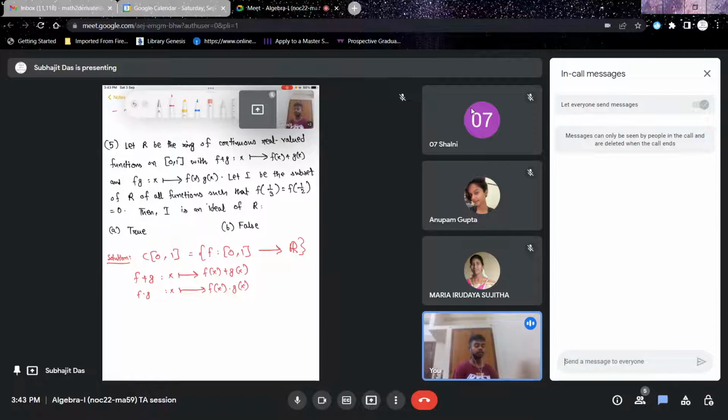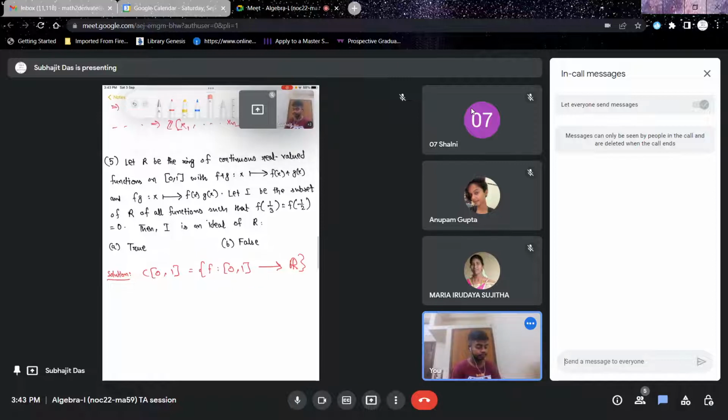So this is what also happens here. R is a ring, so C[0,1] is also a ring under these operations, right? It is certainly a ring, but there are certain problems. So let me ask you this. Do you think that this will be an integral domain?